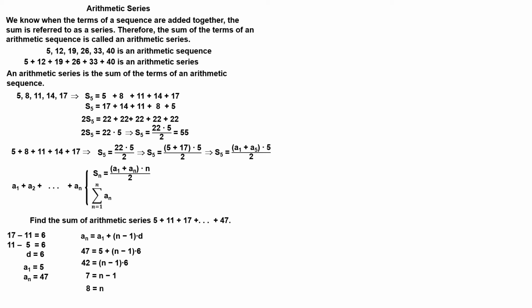Since we know this series has 8 terms, we can substitute the known values into the formula for the sum of an arithmetic series. Perform the calculations. The sum is 208.